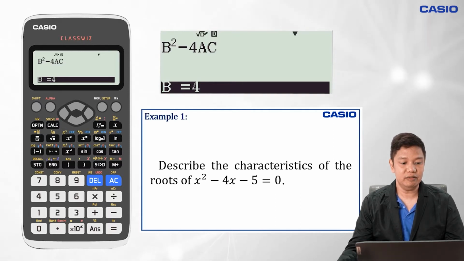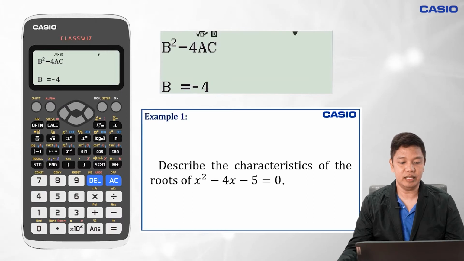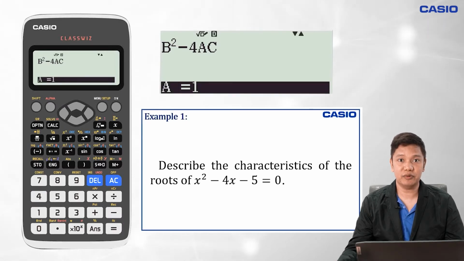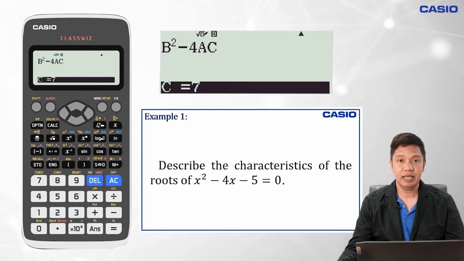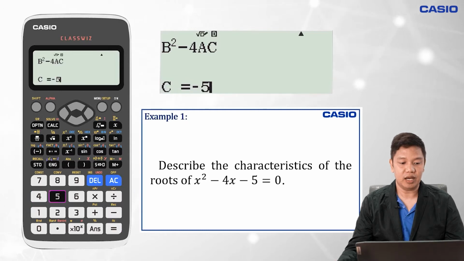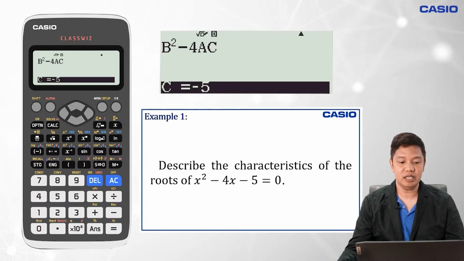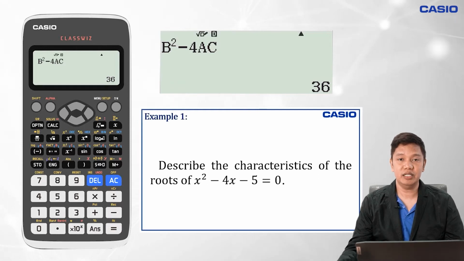Since our b is -4, we press -4 and then equals, and then we are asked for the value of a, which is 1, and then press equals, and then the value for c is -5, so we press -5 and then equals, and then pressing equals again, we have the value of the discriminant equal to 36. Since the discriminant is positive and is a perfect square number, then we can say that the roots are real, rational, and unequal.